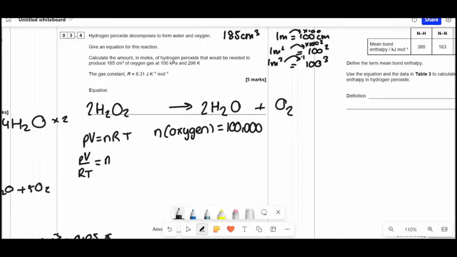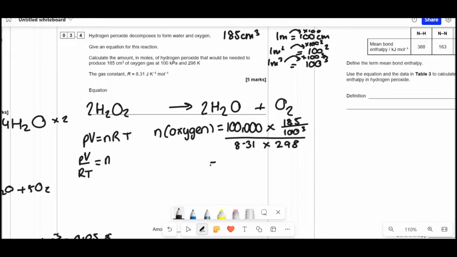So if we're going from centimeters cubed to meters cubed, it's going to be the volume divided by 100 cubed. So it's PV, so 185 divided by 100 cubed, or divide by a million if you want, over RT, which is 8.31 times the temperature, which is 298 Kelvin.